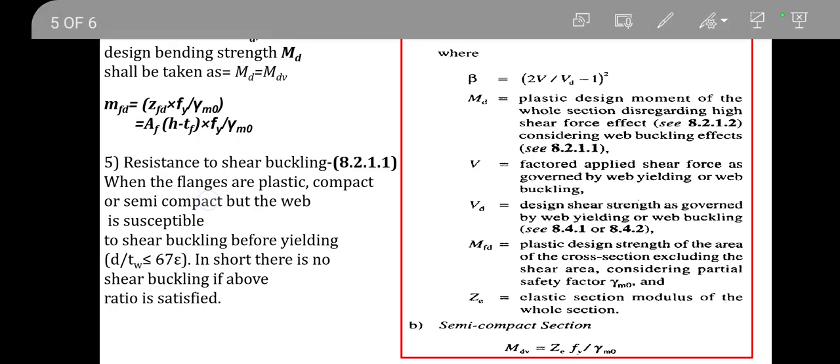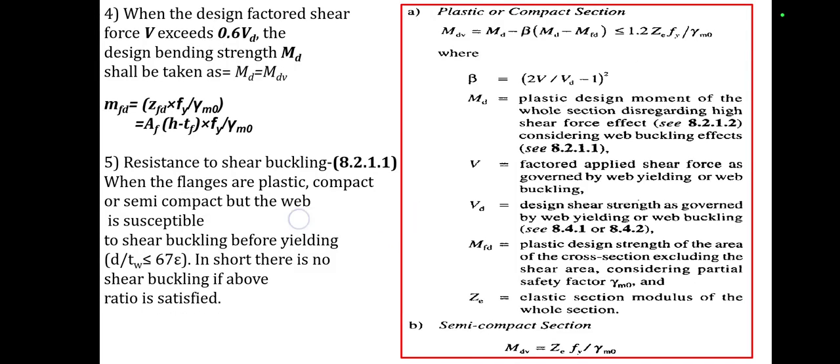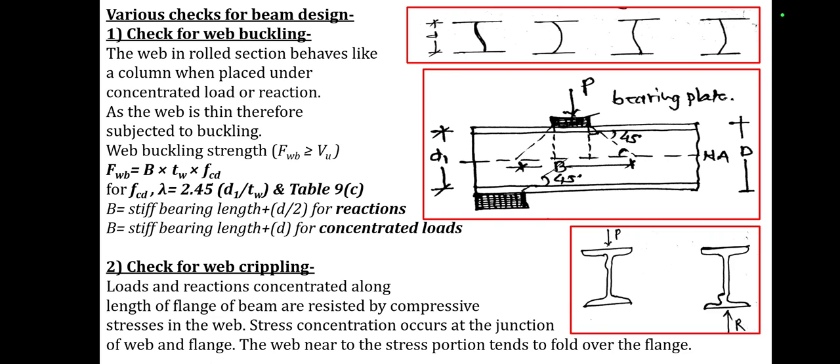The web buckling is calculated by the formula FWB is equal to B into TW into FCD. For FCD, lambda is equal to 2.45 under root of bracket D1 plus TW, and from table number 9C we are calculating the FCD.